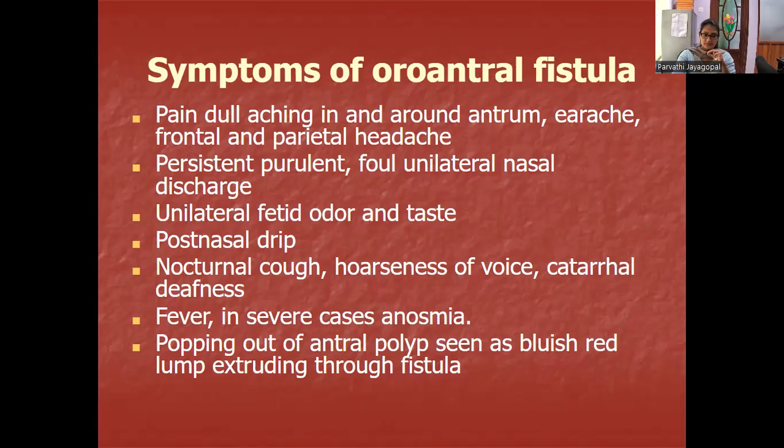There's postnasal drip. There's nocturnal cough, which causes hoarseness of the voice and catarrhal deafness. You have fever in severe cases. There is anosmia, and popping out of an antral polyp is seen, usually as a bluish red lump extruding from the fistula.